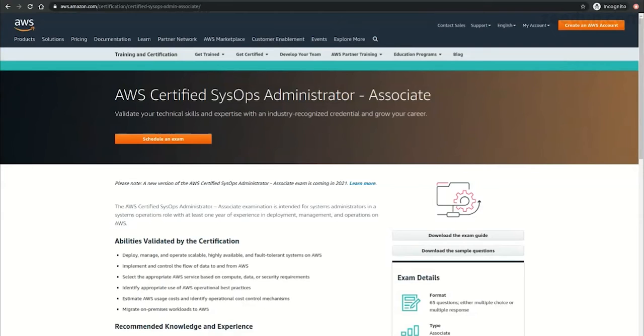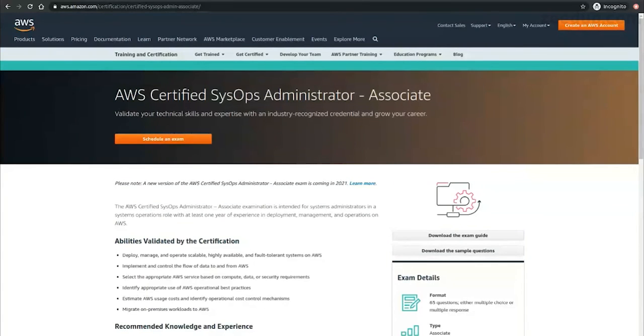Of course, you will require general IT knowledge, which is 1 or 2 years of experience as a system administrator in a system operations role, understanding of virtualization technology, experience monitoring and auditing systems, knowledge of networking concepts such as DNS, TCP, IP, and firewalls, and the ability to collaborate with developers and the business team across your organization.